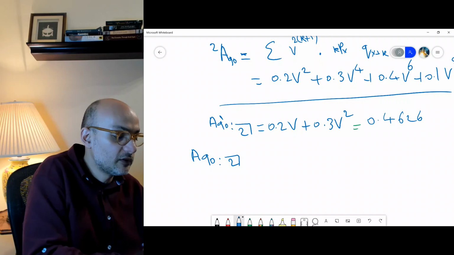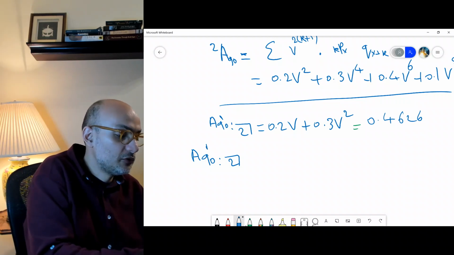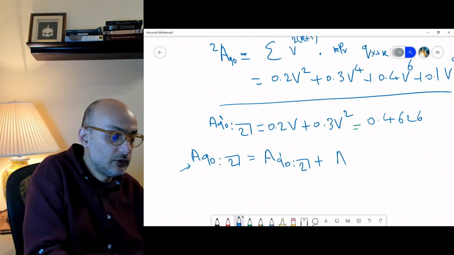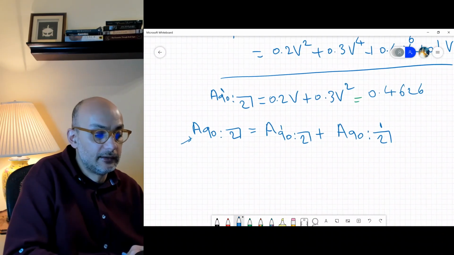We need to be careful in actuarial science, the notation is very important. For 2 years, but we don't see the 1 here, we remove the 1. Simple. This is the endowment insurance: the term insurance for 2 years, and you add to it the A90 2 with the 1 on top of the 2, on top of the angle, right?